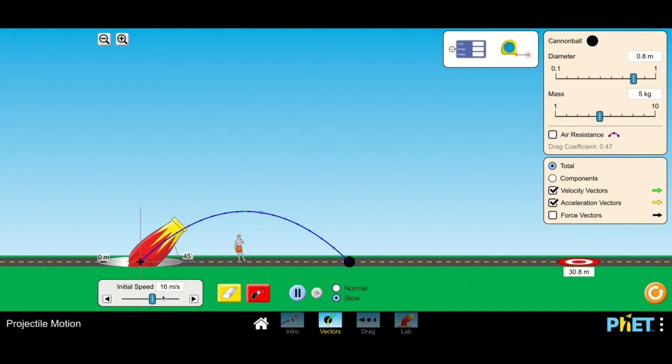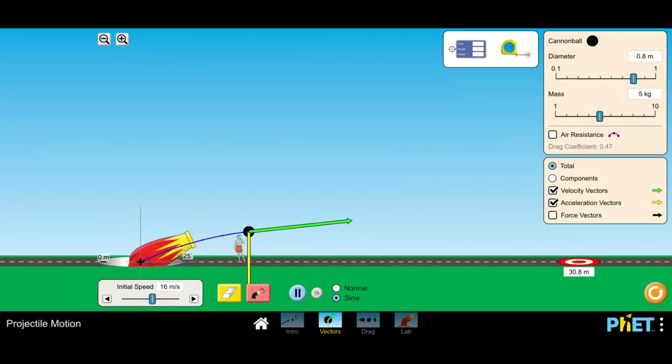Okay, you can also change the launch angle. Right now we're at exactly 45 degrees. We can go down to say 25 degrees and fire it at the same speed we were originally at, 16 meters per second. And you can see for that very low launch angle, I'm going to turn off the vectors just for the time being, you can see a very shallow path.